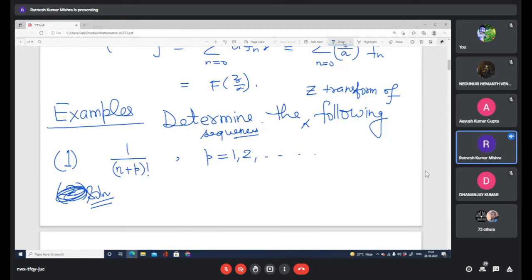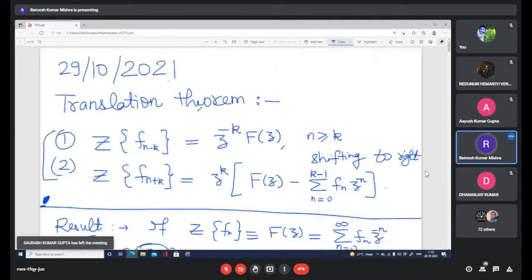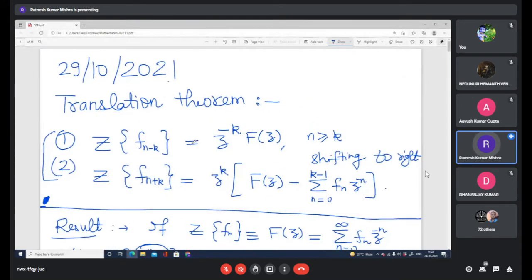Anyone? How can we find it? What we do, we use these two results. One result from these two, and we already proved this in the previous class. So now we can use this first result.